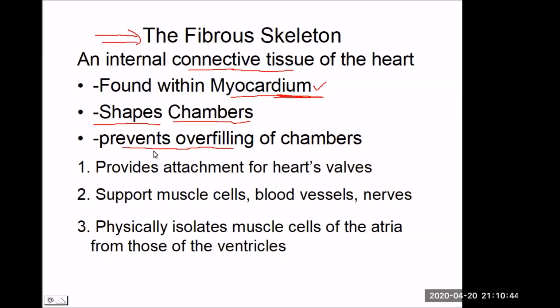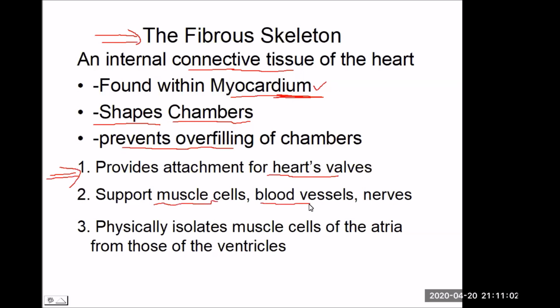It prevents the overfilling of the chambers, as well as, again, the basic structure and attachment for the atrioventricular and semilunar valves. The cardiac muscle tissue surrounds the fibrous skeleton.